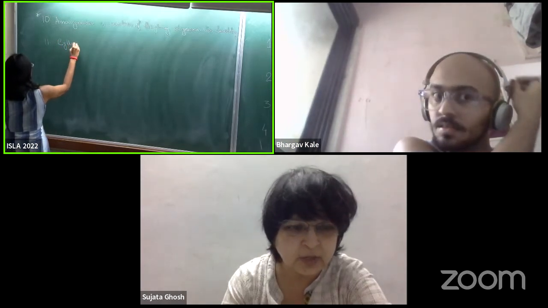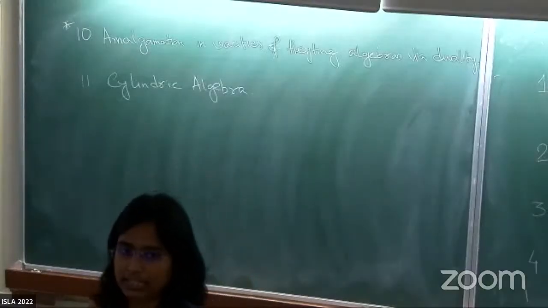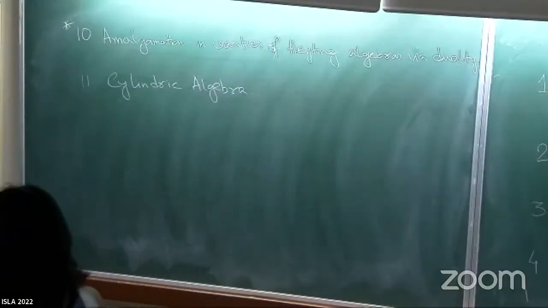I just wanted to add something. One of the topics could be cylindric algebra, because I'm going to cover first order logic, and we already saw that the Lindenbaum-Tarski type of algebra for propositional logic was Boolean algebra.